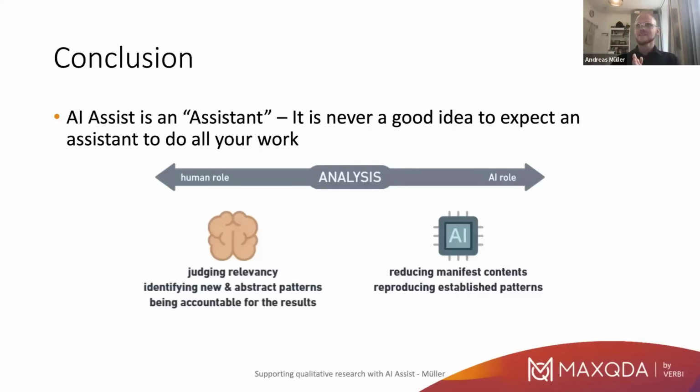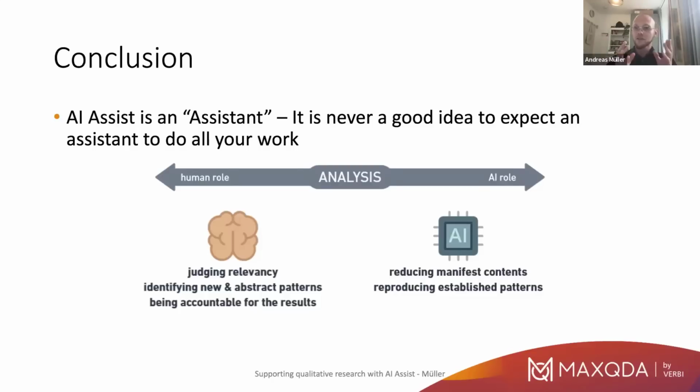As an assistant, it's never a good idea to expect that an assistant can do all your work. You are responsible for the output of this assistant. You are responsible for providing clear instructions. You are responsible for, well, whether this result is valid or just hallucination. We humans are here to judge the relevancy of what happens here.